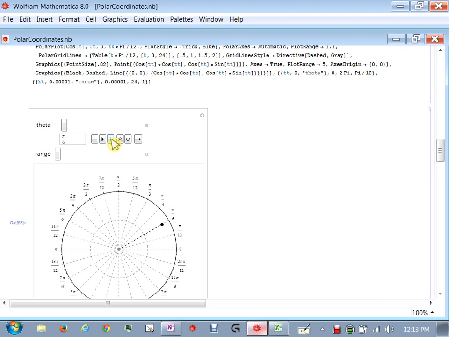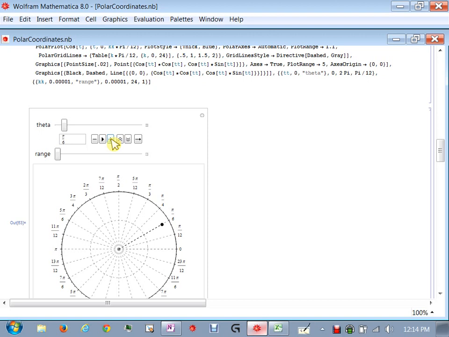Less than 1? Yeah. What is it though? Someone do root 3 over 2 real quick on their calculator. Approximately .866. So what does this mean? It means I rotate by pi over 6, and I walk out .86.